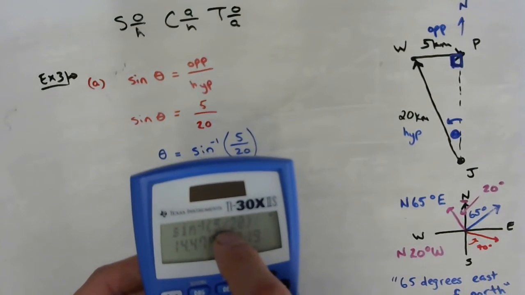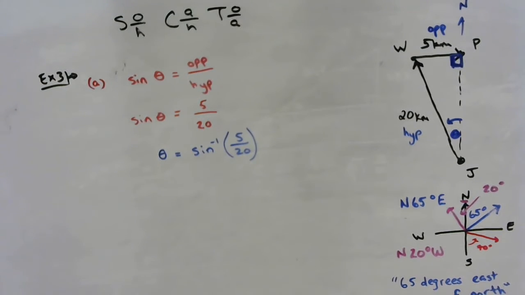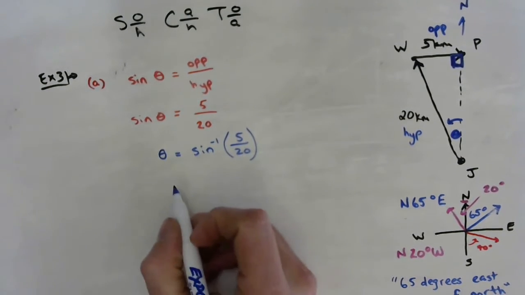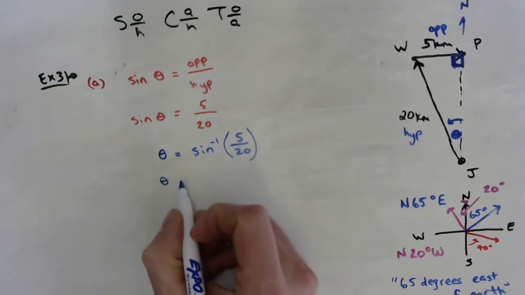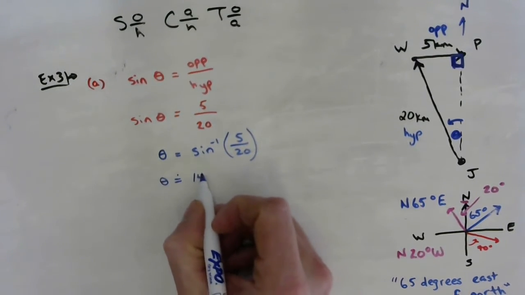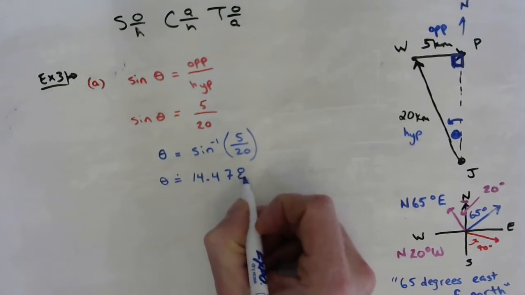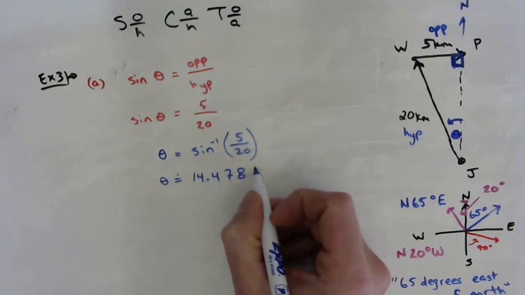Okay, so we're told here that the angle then is 14.5 degrees, and it's an approximation, so we're just going to make it 15 degrees. So angle theta equals, we'll give an answer here of 14.478 degrees.